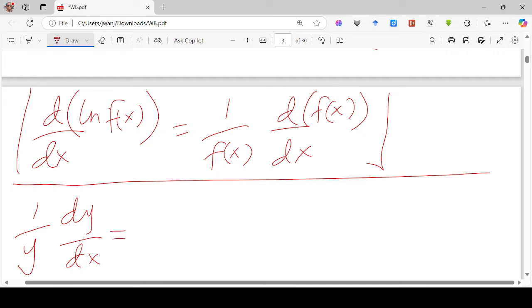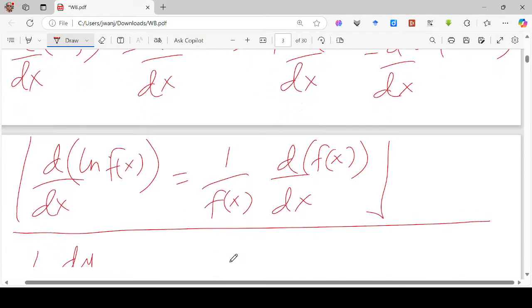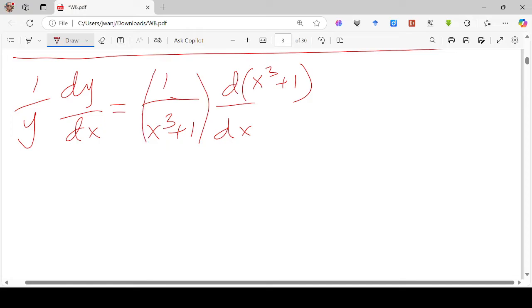On the right hand side, the first term, the function is x cubed plus 1. So we shall have 1 over x cubed plus 1 d by dx of x cubed plus 1. The next term is the derivative of 4x. That one is just equal to 4.